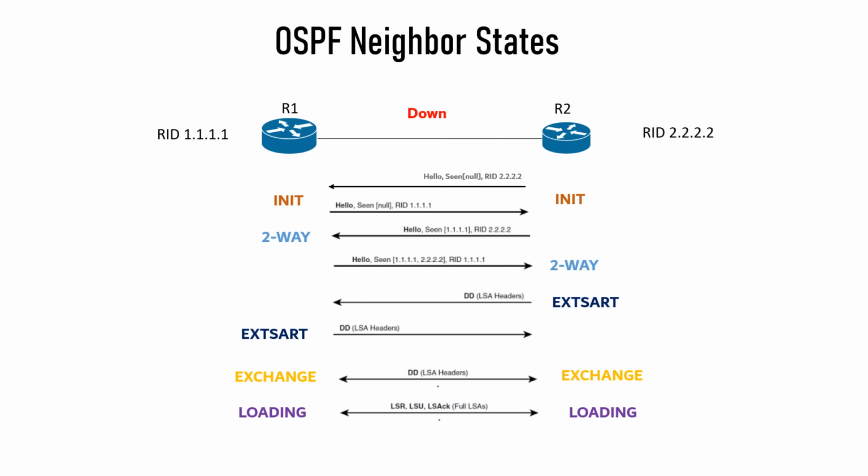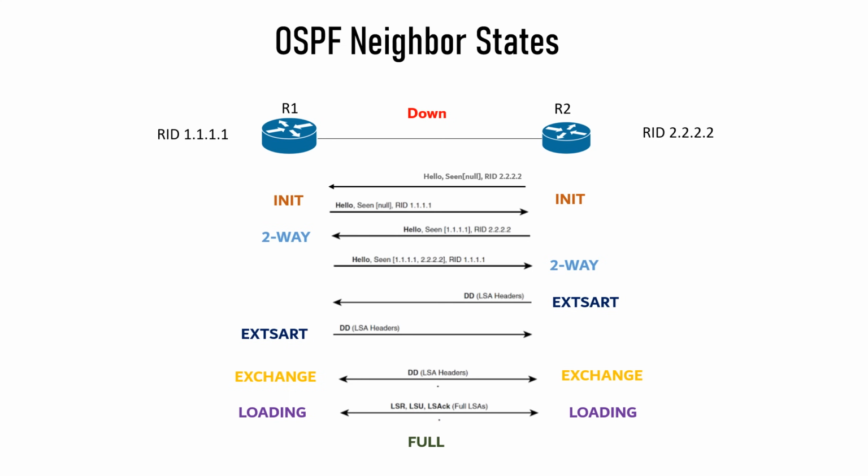Once the link state update packet is received, it will respond with a link state acknowledgement packet, that is LSAck. Once all the missing information is exchanged, the router will move to the full state. Here the routers have synchronized link state databases and are fully adjacent. They can now exchange routing information and accurately calculate routes.